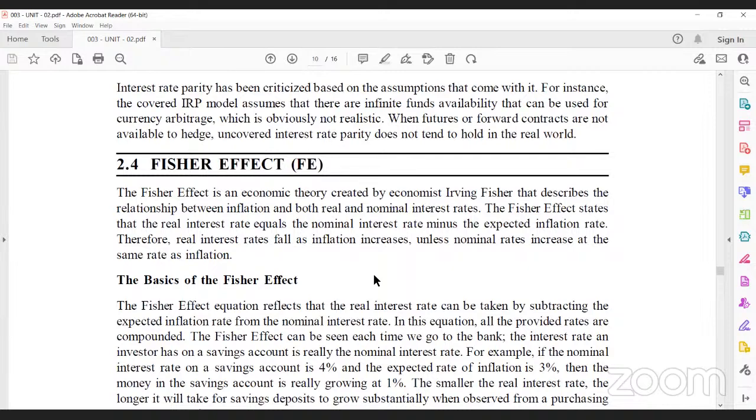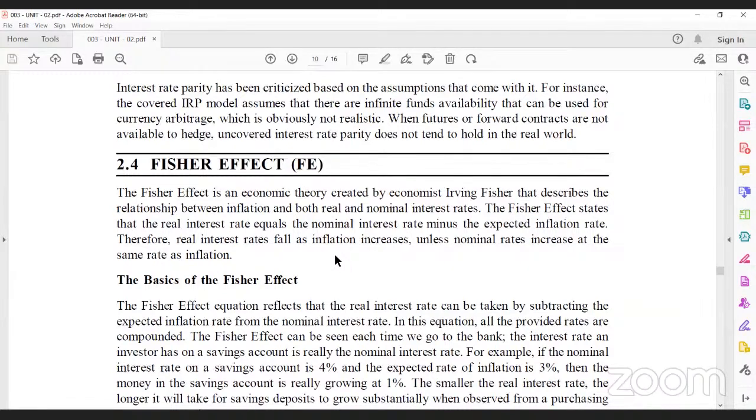It cannot happen practically. And when futures or forward contracts are not available to hedge, then uncovered IRP does not tend to hold in this real world. Okay, so these are the limitations.